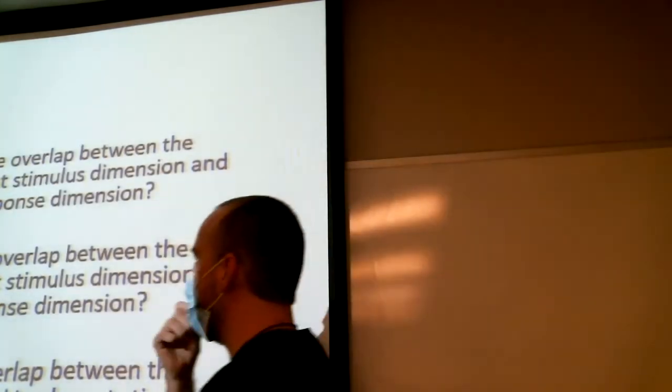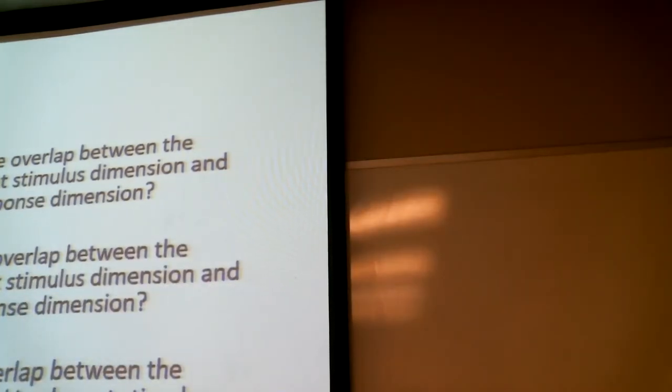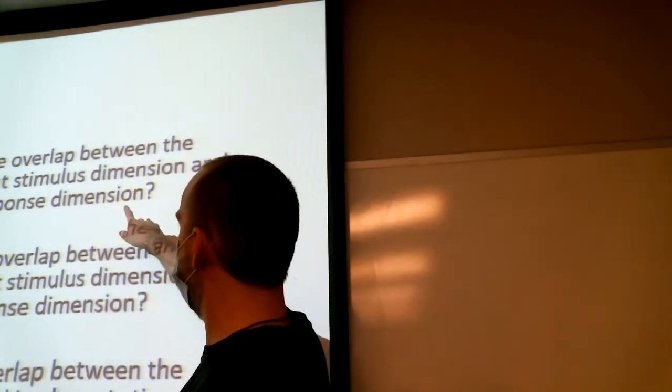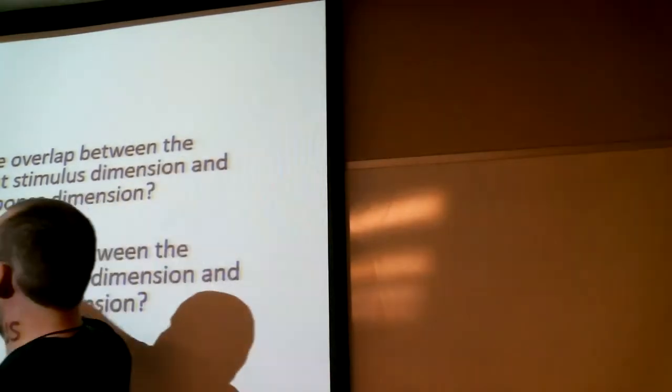So the relevant information is the middle letter. You need to respond based on the middle letter. What do you have to ignore, or what's irrelevant? The flanking letters. It doesn't matter what those are. The response dimension, as we'll see in almost all examples except Stroop, is a left or right key press.